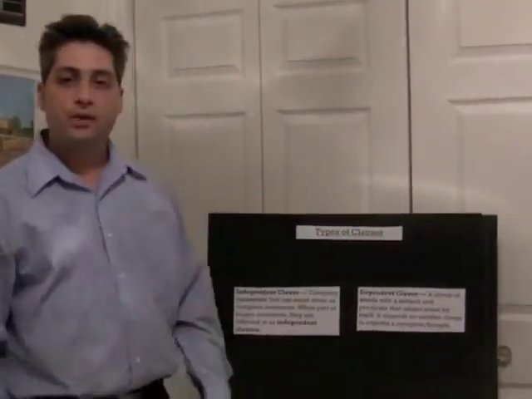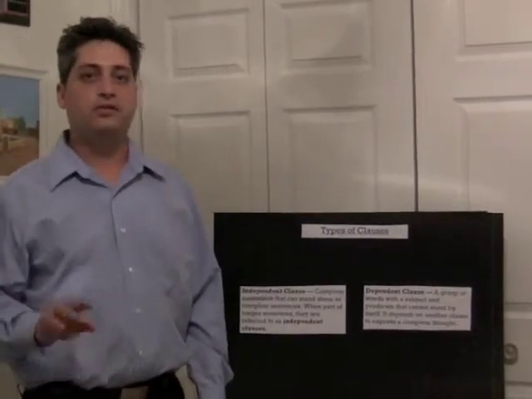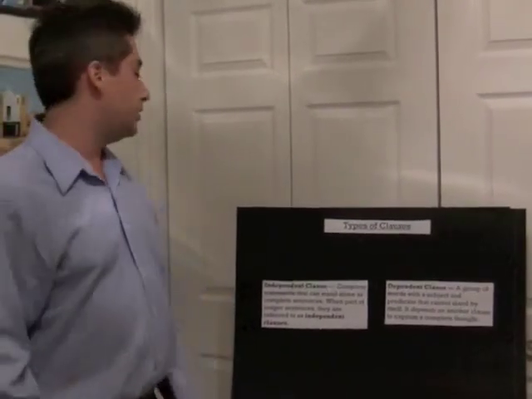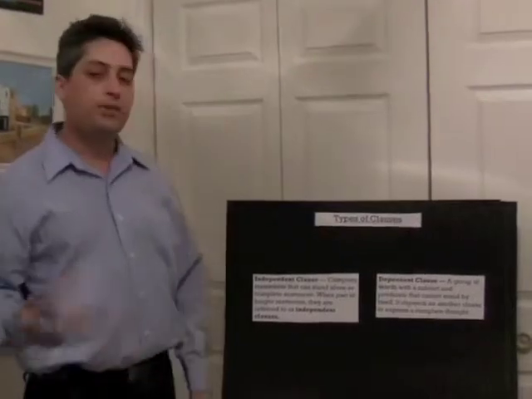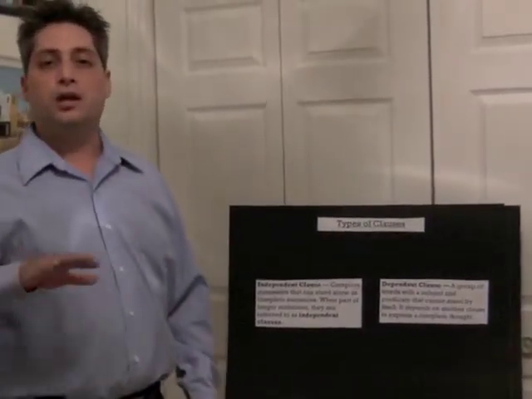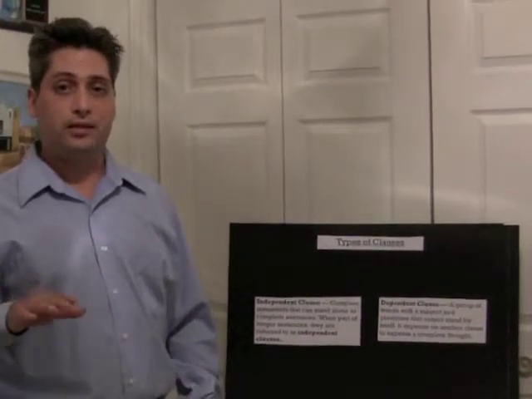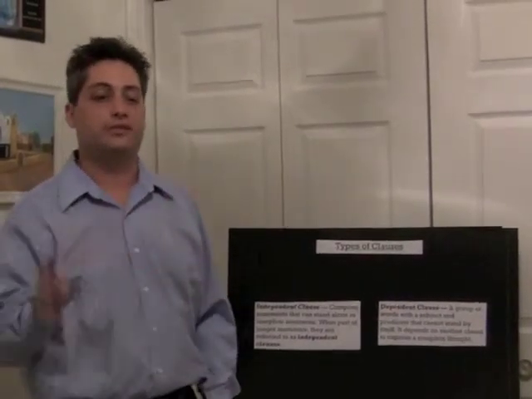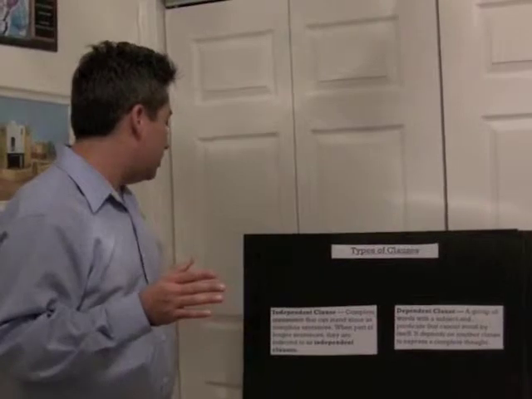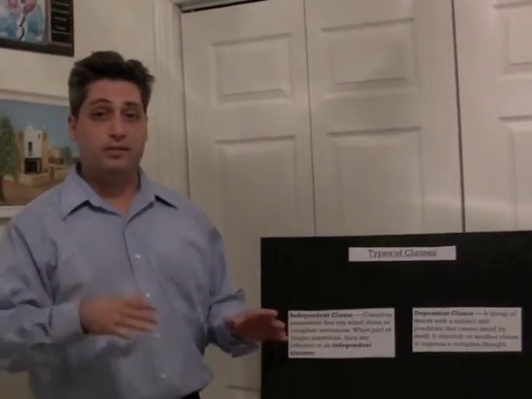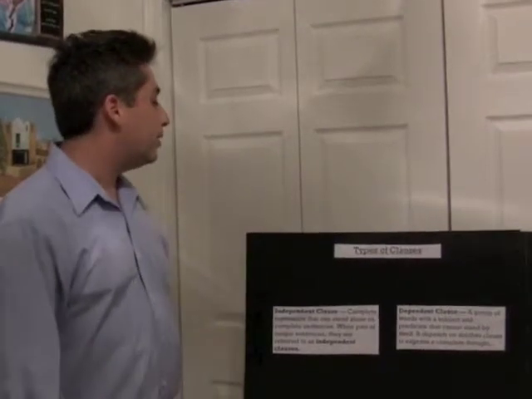Okay, so let's break down clauses into two different types: dependent and independent clauses. An independent clause can stand on its own. It can act as its own sentence, and it is a complete sentence with a subject and a verb. An independent clause needs nothing else for it to be a complete thought from beginning to end.